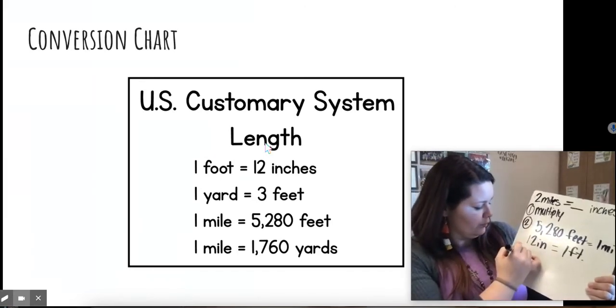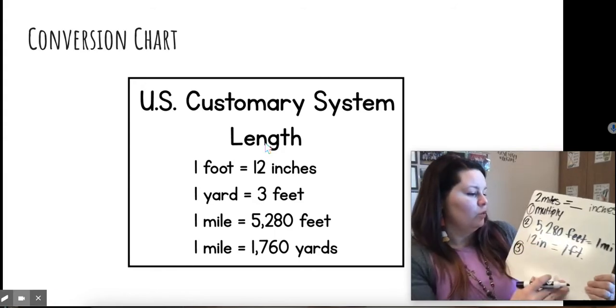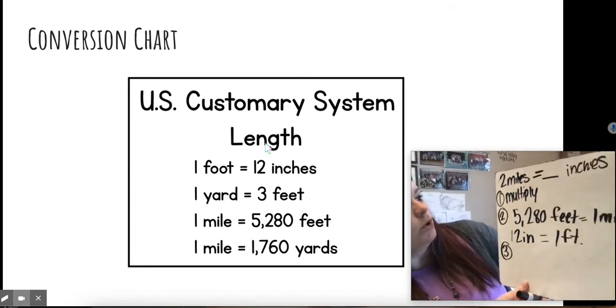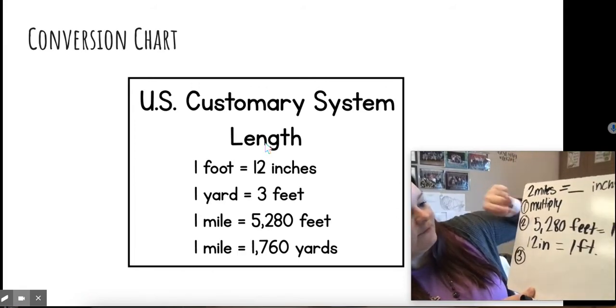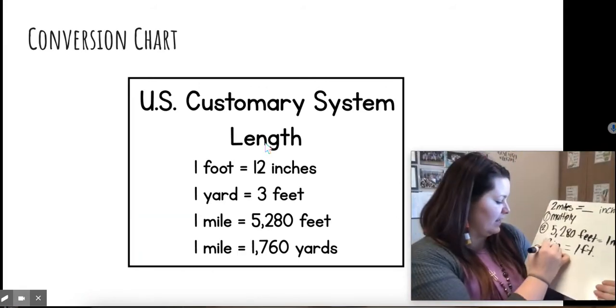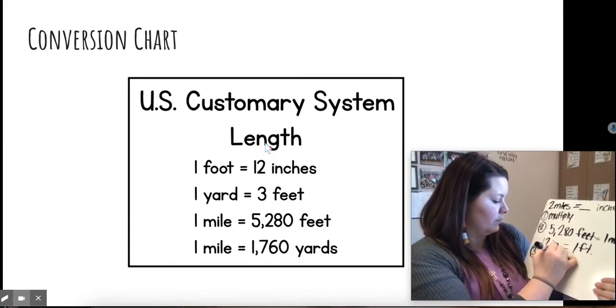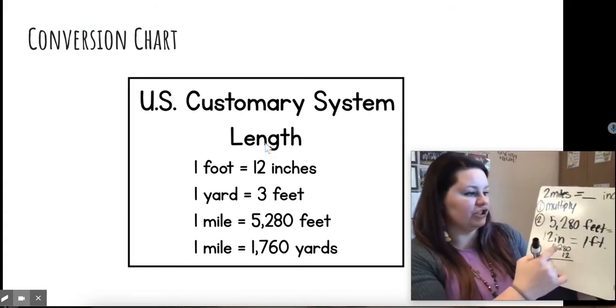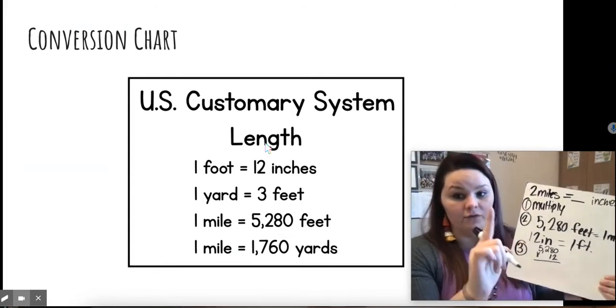So in order to complete our conversion, we are going to have to multiply 5,280 times 12 to figure out how many inches are in 1 mile first.